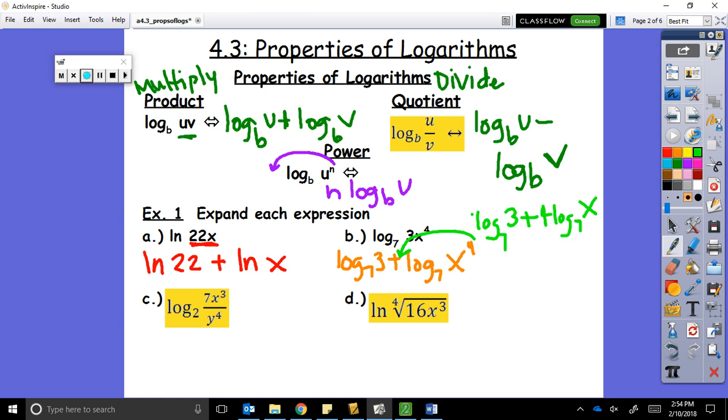I would like for you to try C, because C kind of combines A and B together. We have a multiply on the top of my fraction and an exponent, so that one matches what we did in B. And then we have a divide, and then we also have a power down in the denominator. So I'm going to give you about a minute to try that one.